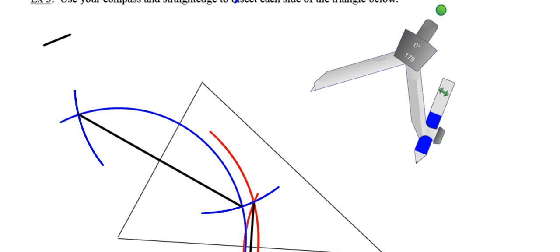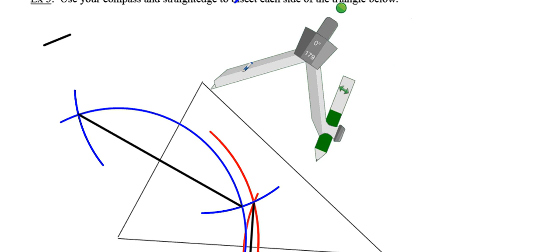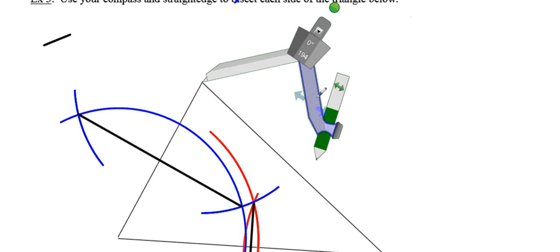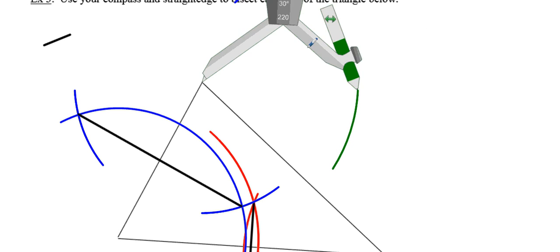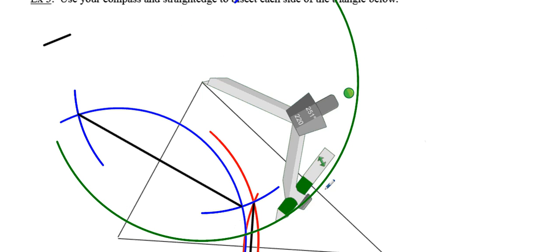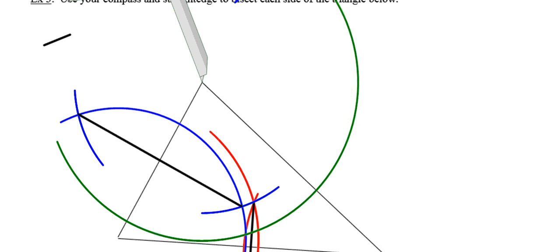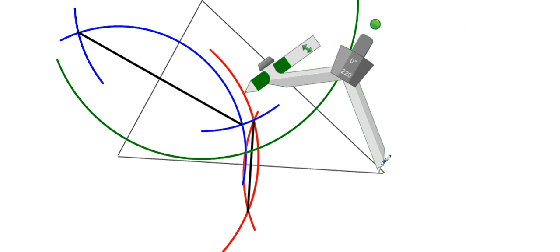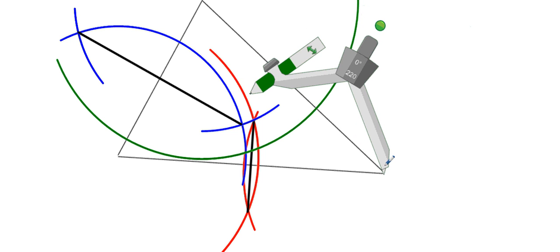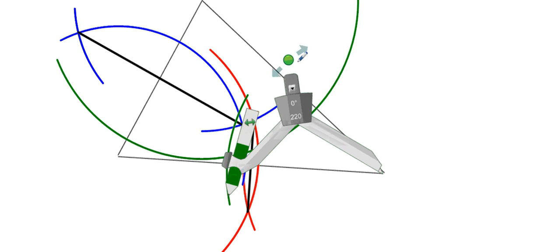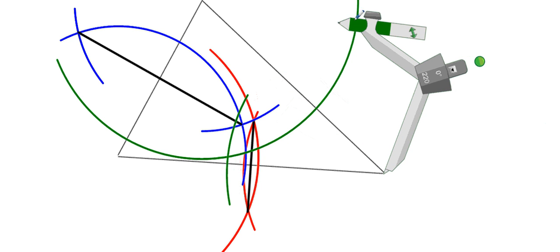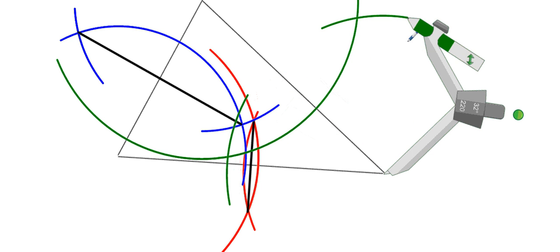And I guess for the right side I'll use green. So a nice big arc, no wimpy arcs for me here. And again, if you're doing this right, this construction is going to be a little bit dirty.